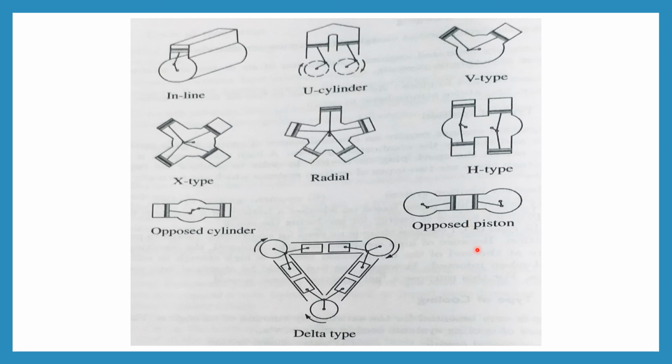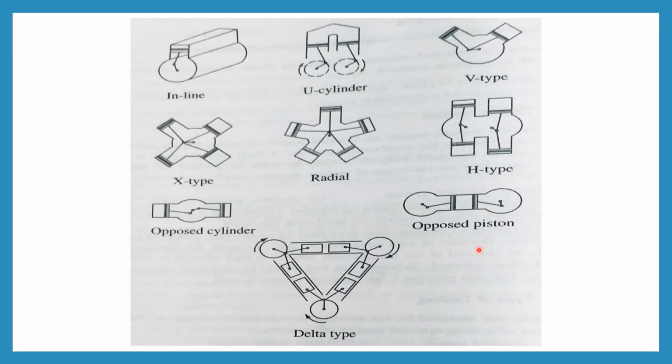Next is opposed piston. When a single cylinder houses two pistons, each driving a separate crankshaft, it is called an opposed piston engine. The movement of the pistons is synchronized by coupling the two crankshafts.